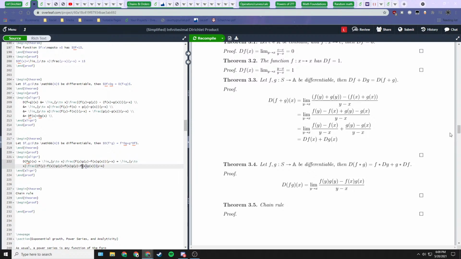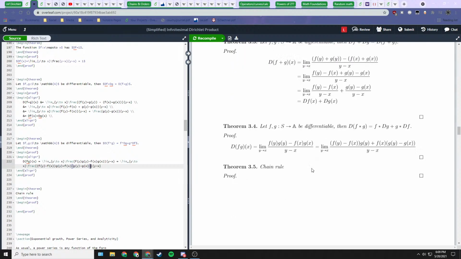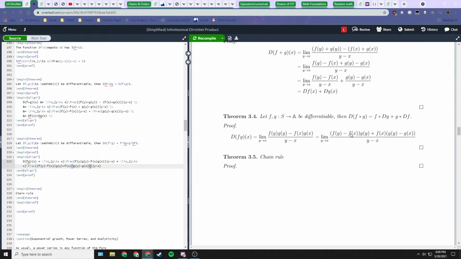Because we have added this back in, we now have a common factor of f of x, so we can factor that out, just like that. Essentially, to get this, we just add and subtract f of x times g of y.